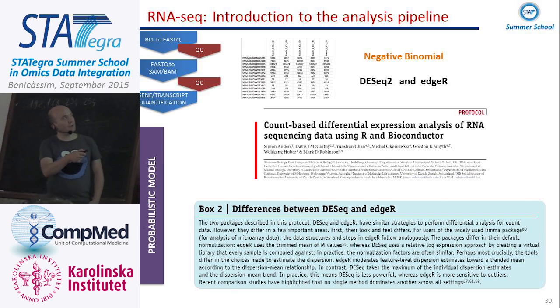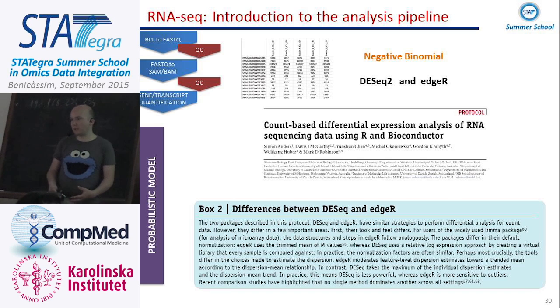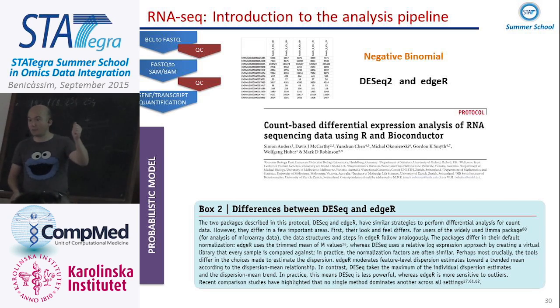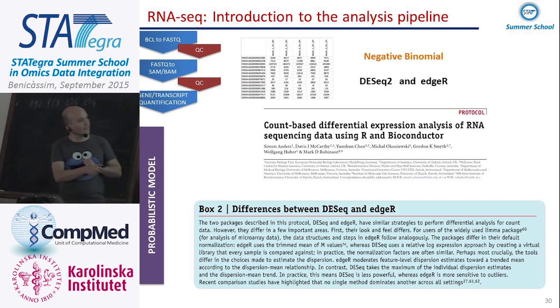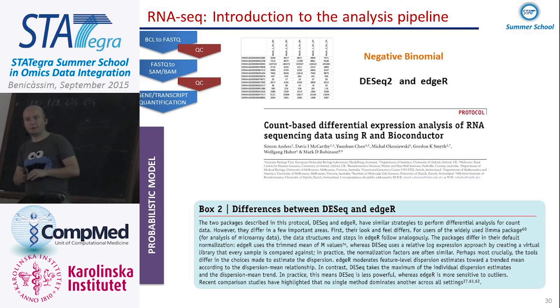In this paper, the authors from DESeq and the authors from edgeR came together and said, we have a similar pipeline, maybe different, but this is how things can be done if you work with count data. The difference is in the way they normalize the data and compute what is called pseudo counts.